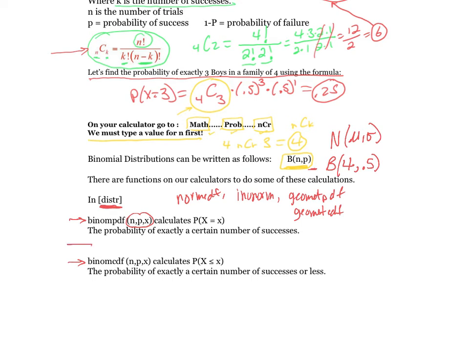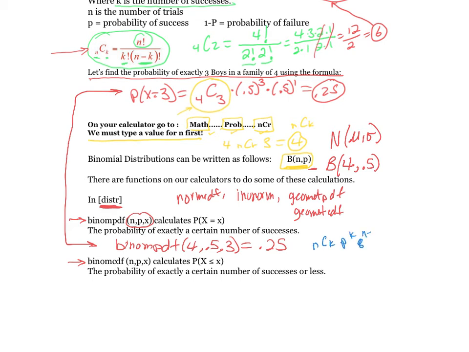So if I was going to do this problem we just did up here using my calculator, I would do binomial PDF, 4 trials, the chance of a boy is 50%, and I want exactly 3. And that would give me that 0.25. So this does exactly the same thing as our NCK, P to the K, Q to the N minus K formula. That same formula, this does it for you on your calculator. All I need to know is the number of trials, the chance of success, and how many successes I want.